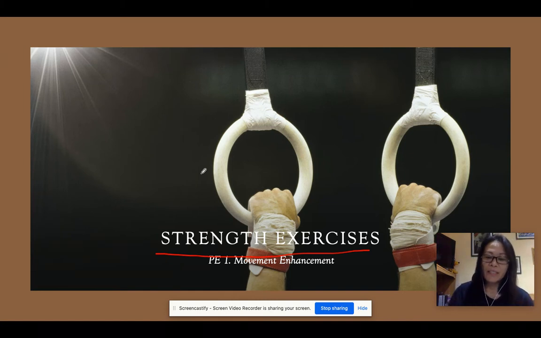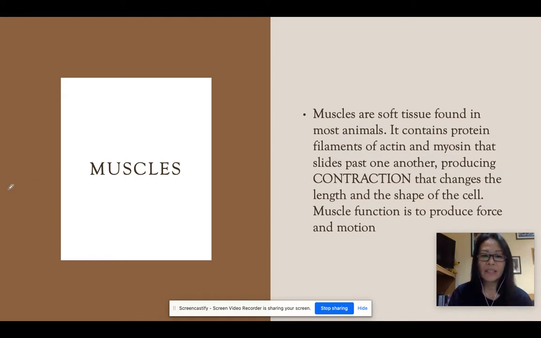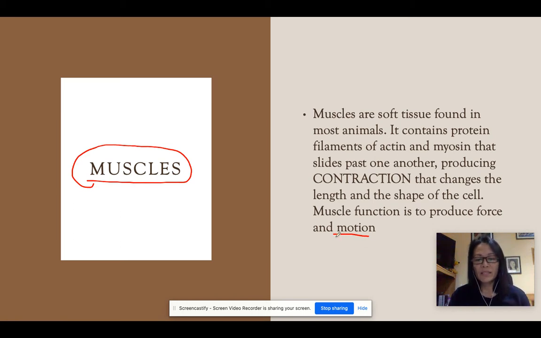Now, when we say strength exercises, it will always go down to talking about the muscles, because it is the muscle that is producing the motion. We see the effects of muscle contraction as a motion. Okay, muscles are soft tissue found in most animals. Now, most animals, because we humans are animals, the highest form of animal.